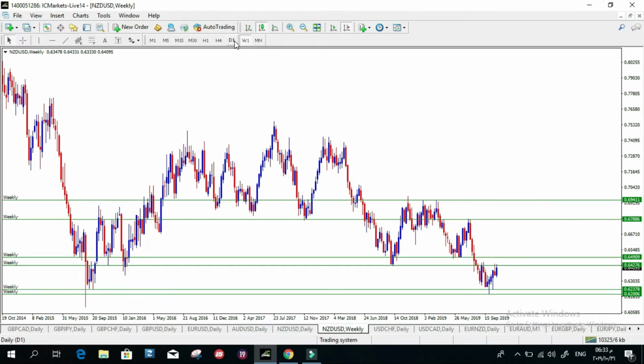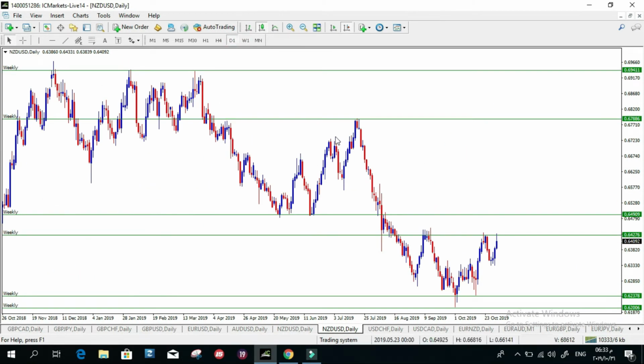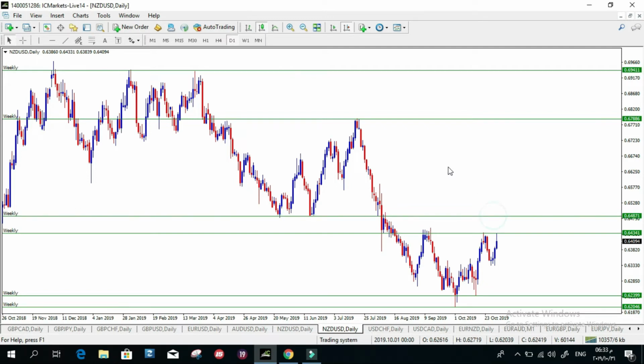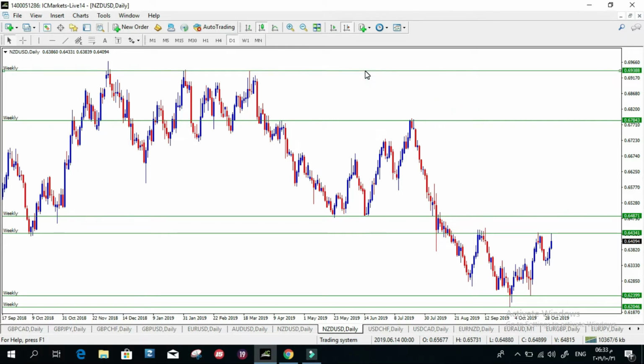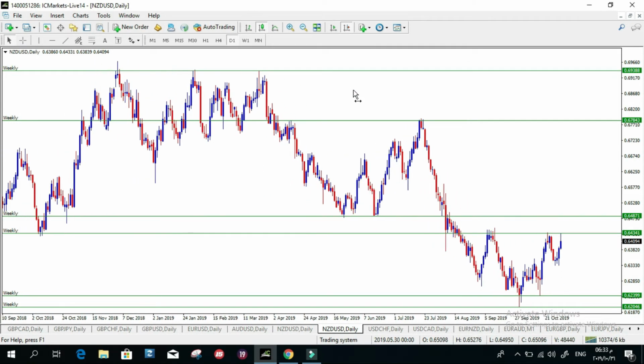Afterwards we can go down to the daily time frame, and if we need to tweak our lines a little bit, more accurately, okay, next we need to add our daily levels.